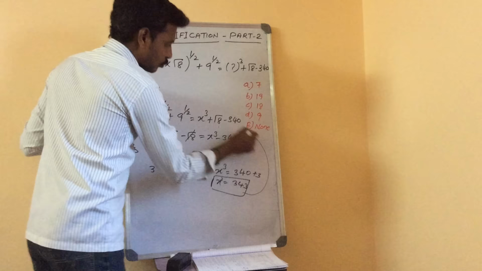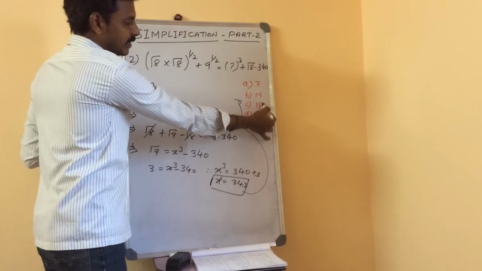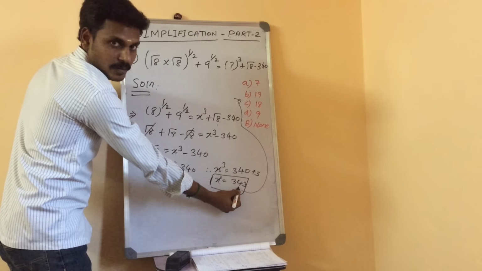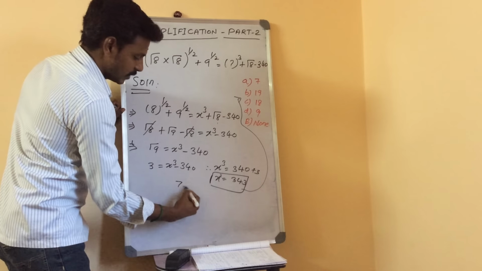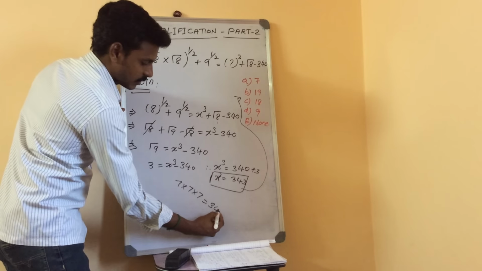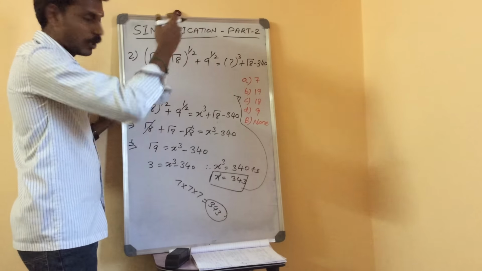So look at the options: option A, 7, 19, 18, 9. You know the x cube value is 343. The answer will be 7 × 7 × 7, 343. You need to remember the cube values from 1 to 10.